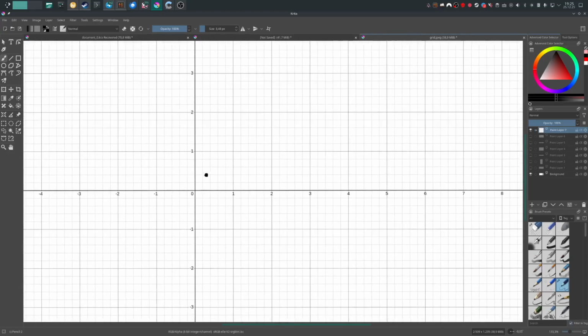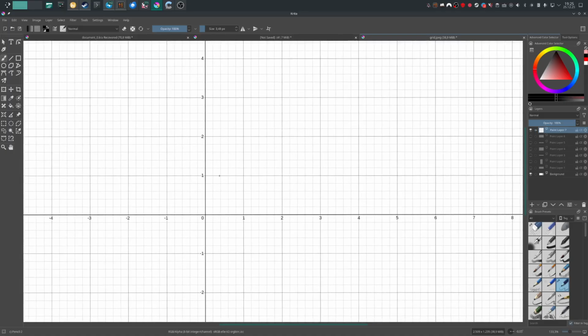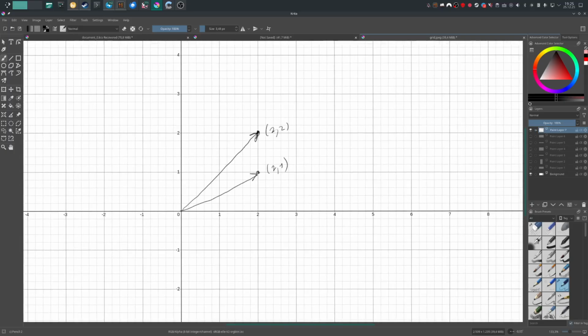Doesn't matter. So you add the angles also. So if we take the same points, let's say here, we still have 2, 2, and then we have 2, 1. What happens when I multiply them?